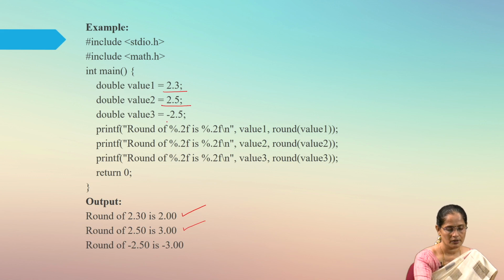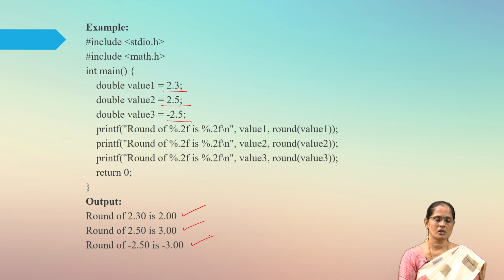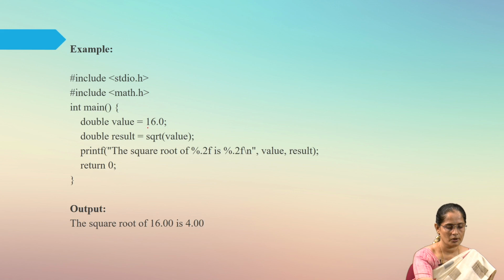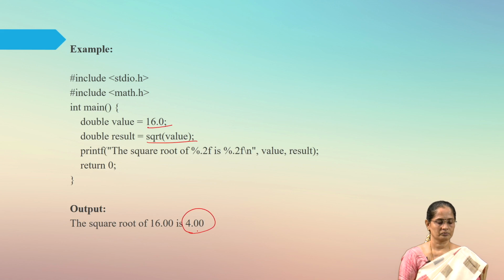Minus 2.5 is rounded to minus 3.0. So, if we want to use the general mathematical round operation, we can make use of the round function. And we have also seen the sqrt function, which is used for calculating the square root of a given double type value. Applying sqrt to 16.0, we will get the output as 4.0.